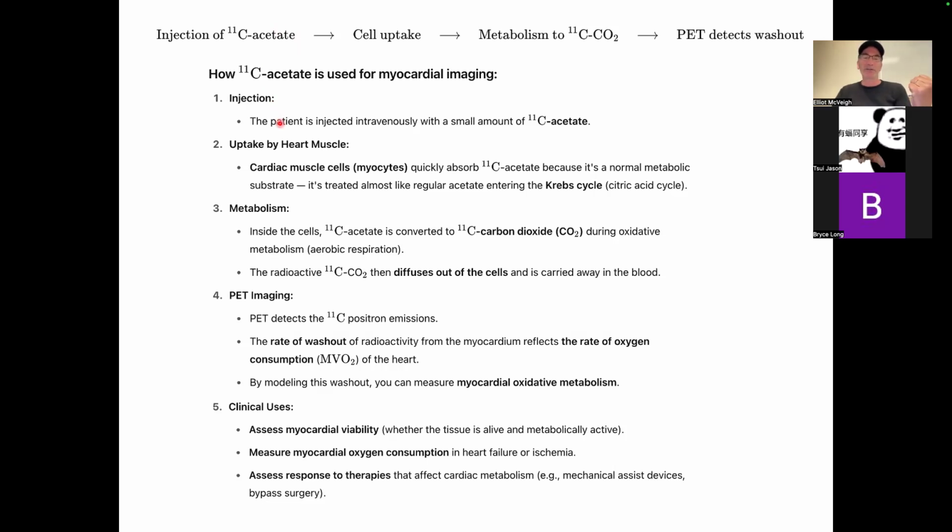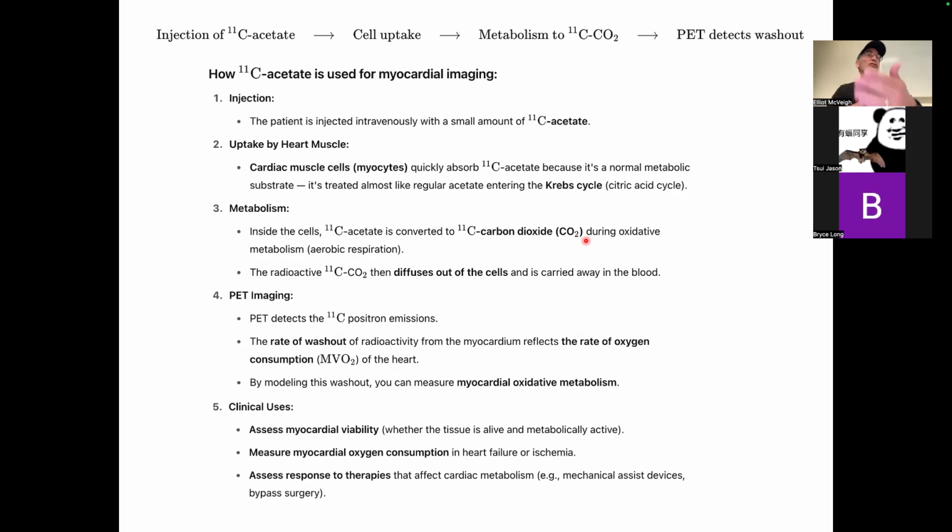So you inject this stuff, and then the myocytes pick it up, right? Because it's this metabolic compound, and then it's converted metabolically in the cell into this, right? And so you not only get the amount that goes into the cell, which is proportional to flow into those cells, you also get the rate of conversion of this molecule by the cell.